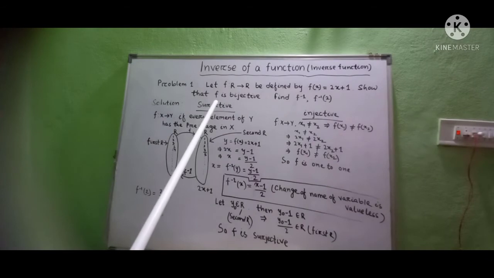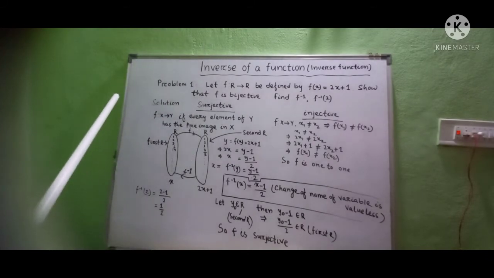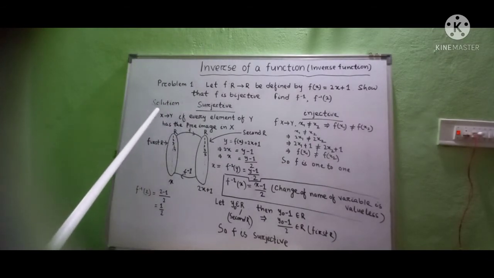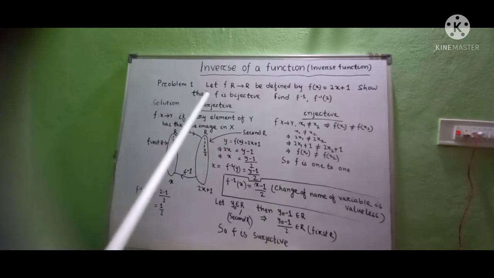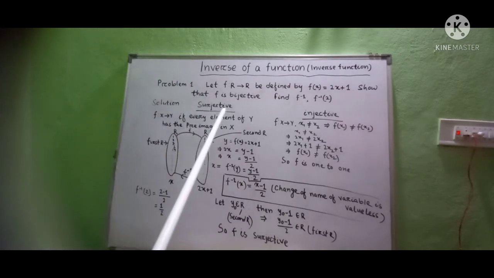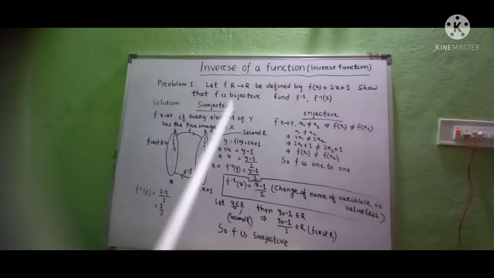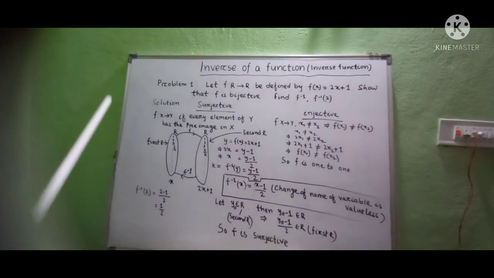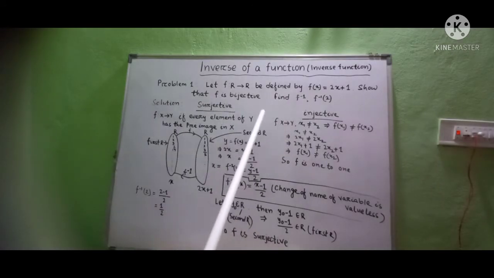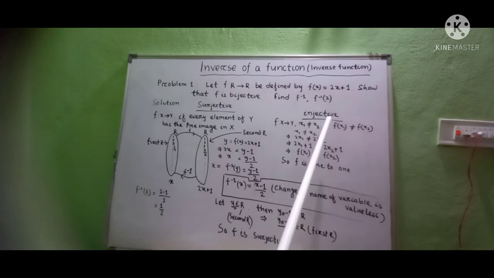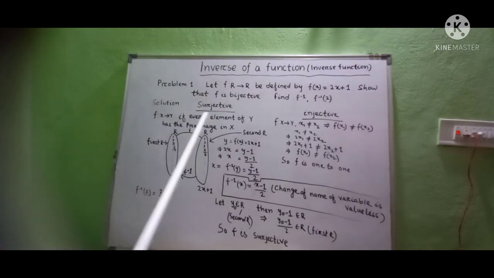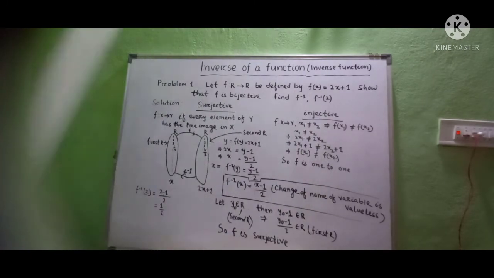For surjective, first we will show: a function from X to Y is called surjective if every element of Y has a pre-image in X. For injective, a function from X to Y, x1 not equal to x2 implies f(x1) is not equal to f(x2). This is the condition for injective.